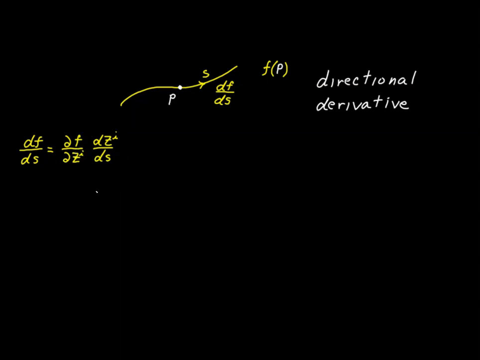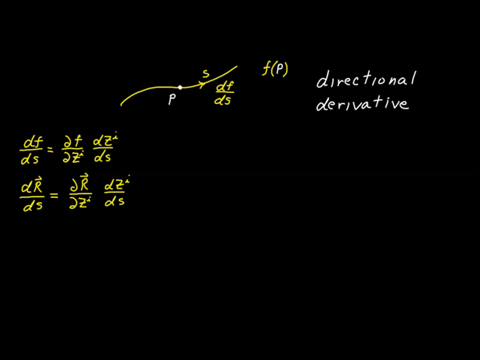Well, what are these vectors? Let's see if we can figure that out. To do that, let's take the derivative of our position vector r with respect to s. And as with the function above, we'll use the chain rule. We start with the partial derivative of our position vector with respect to zi, and then the ordinary derivative of zi with respect to s.